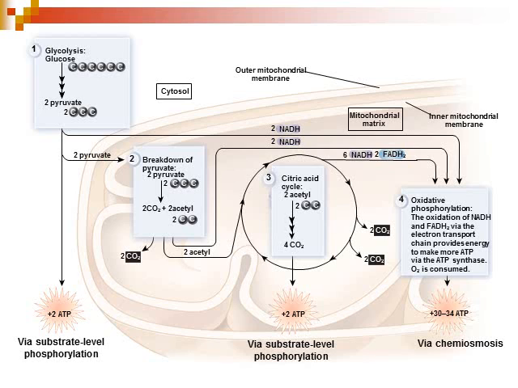So we can get up to 34 plus 2 plus 2, so that's where we get our 38 ATPs for 1 molecule of glucose. Those ATPs, right below them, it tells you how those ATPs are actually created. So we have that substrate level phosphorylation for glycolysis and the citric acid cycle, and then the 30 to 34 are made using the chemiosmosis process.